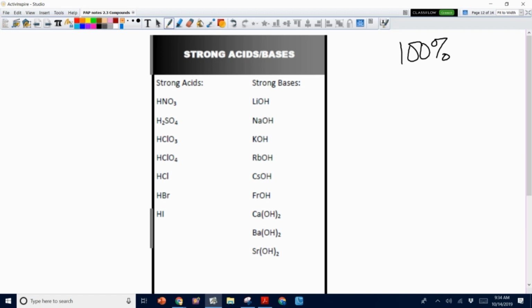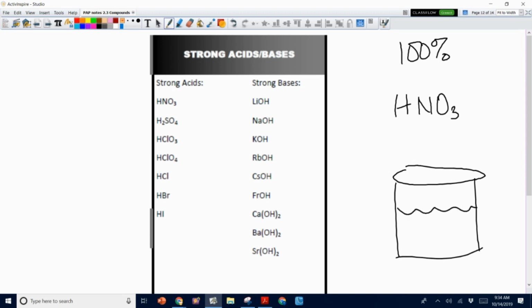And what that means is that when, say, for example, HNO3 is placed in water, 100% of this is going to ionize. So it's going to ionize in the water solution to H and NO3 ions, 100% completely ionize.